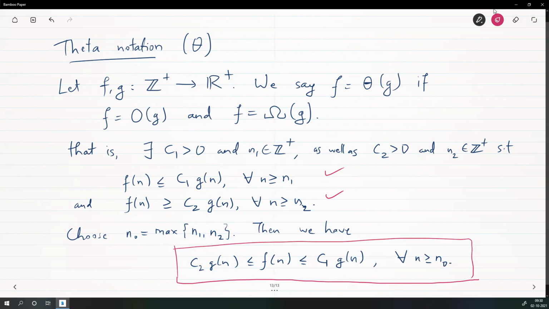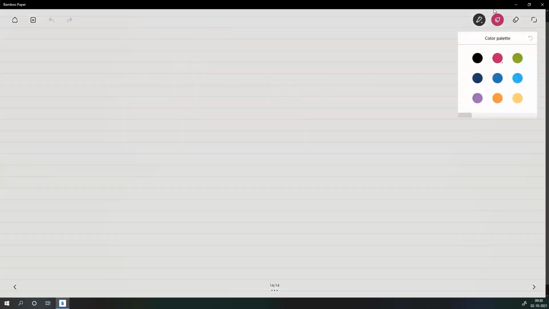So you can again write down an equivalent condition.